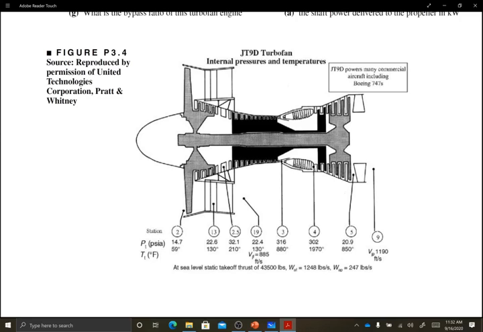But for the fan, you have to look at the fan exit velocity multiplied by the exit mass flow rate of the fan. Does this make sense? Yes? Okay. Now the pressure change after the fan is negligible, so you wouldn't really care about that compared to the other pressure changes, like the compressor pressure change, for example.